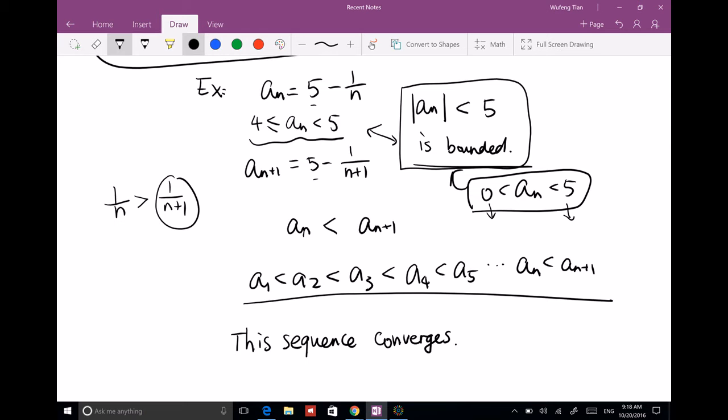As long as you find that the sequence is less than a number and bigger than another number, basically an is less than m and bigger than n, it is bounded. That makes sense, right? And m and n can be any numbers. As long as it has an interval, a bound for this an, it is bounded.